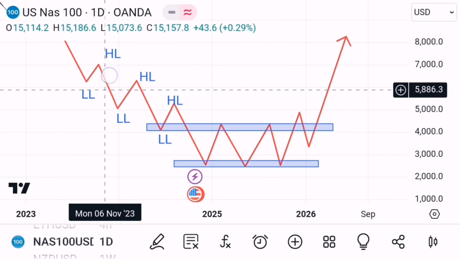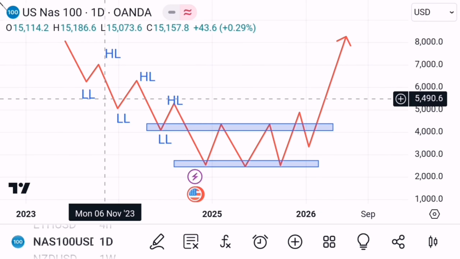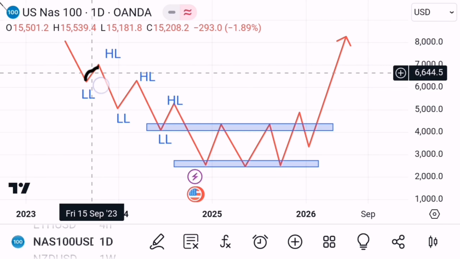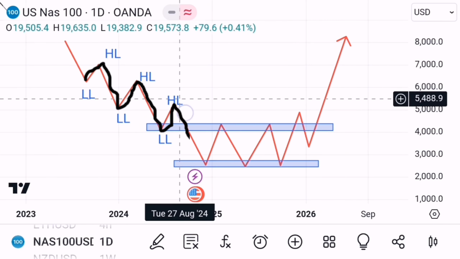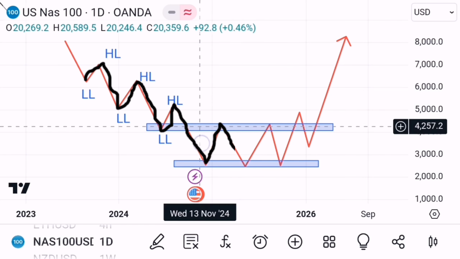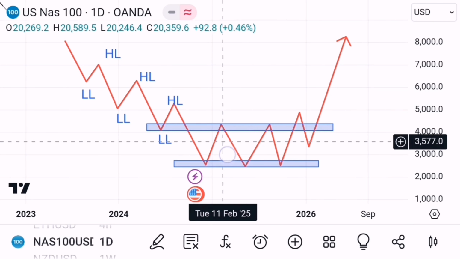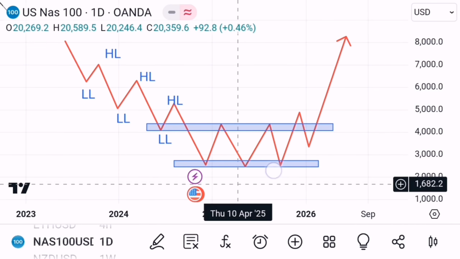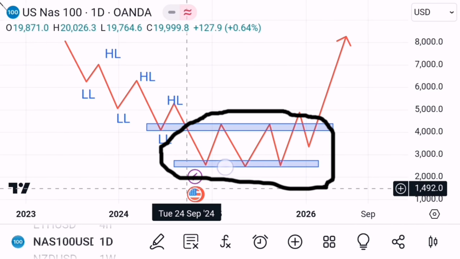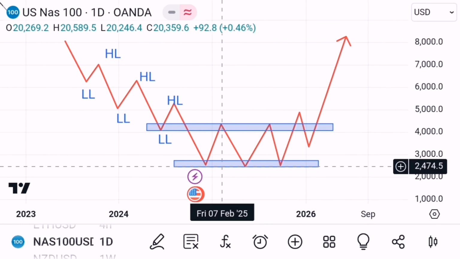From here, you could see that the market was creating lower lows, higher lows, lower lows, higher lows, all along until it reaches this point where it hits hard rock surface, where it found a support. This was basically a strong support area, and the market tended to change direction.